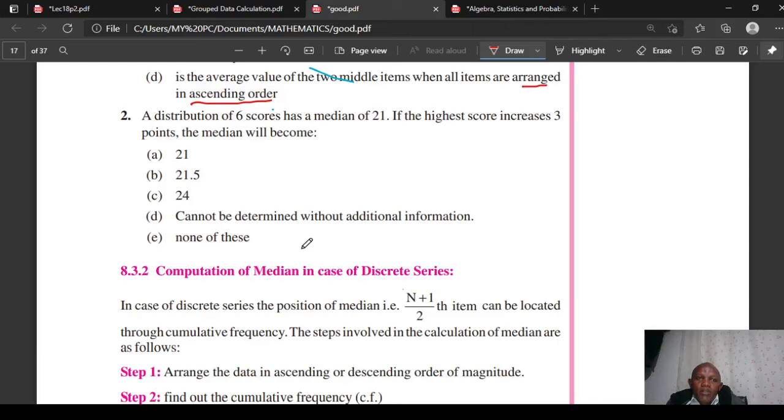A distribution of 6 scores has a median of 21. The middle value is 21. So the highest score has 3 points added on top. What will be the median?